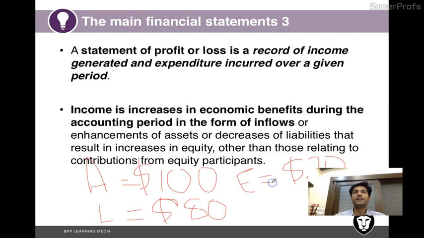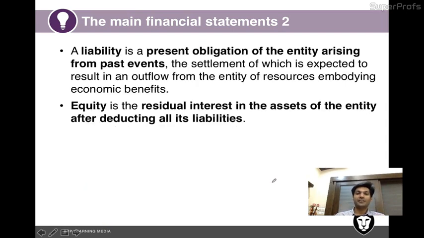What is equity? If I sell the house for $100, what will happen is I will first repay the loan of $80, and then the remaining part, that is $20, is my equity. So equity is nothing but the residual part in the asset of the entity after paying all the liabilities. So equity is asset minus liabilities.